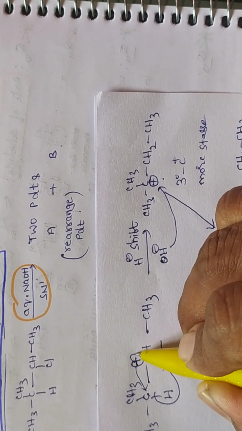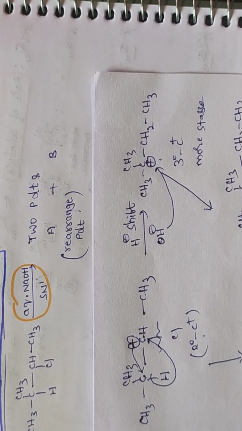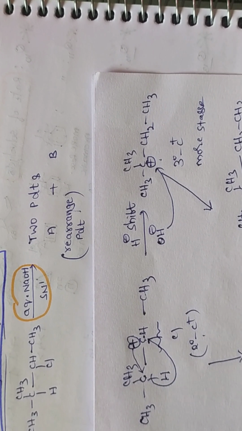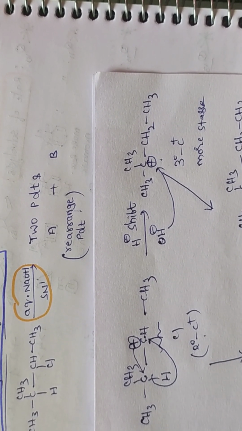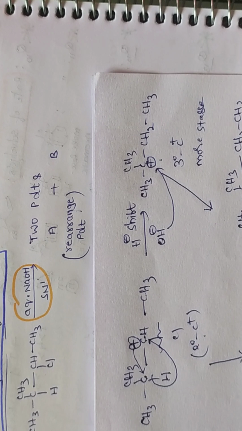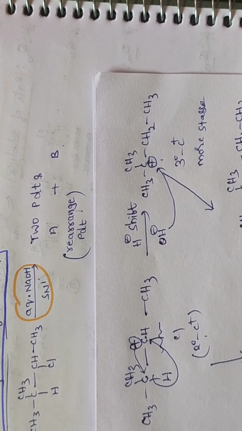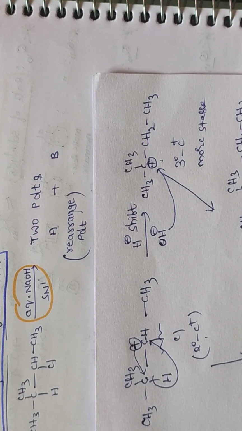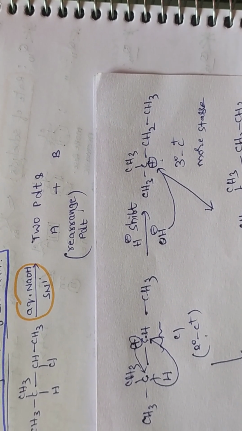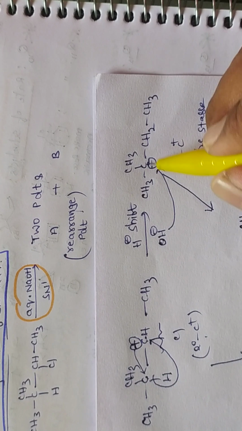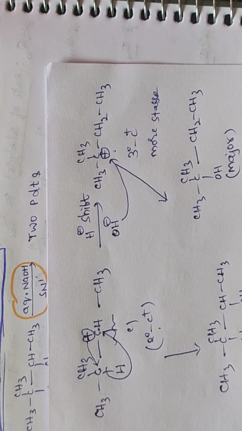Suppose the OH group is directly attacking here, this is the direct product. CH3OH. This is the minor product. Now this is called the major product, because here the 3 degree carbocation is more stable.